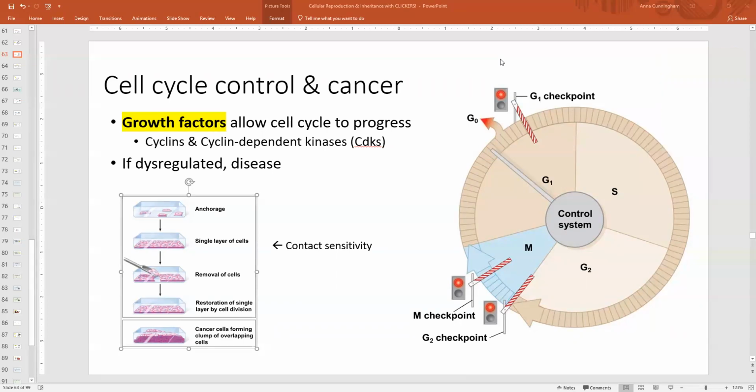So that is one way that cells can basically stop growth or regulate the cell cycle. Basically what they would do is if they're in G2 and then they contact another cell nearby, they would not enter M phase. That would stop them at, you can see in this figure, the G2 checkpoint.